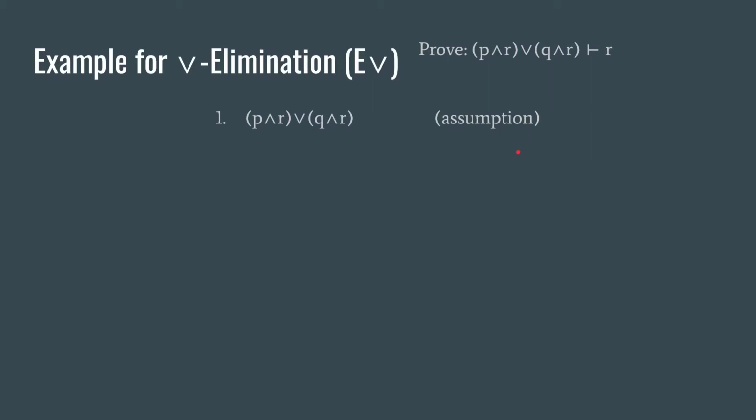Well, we need to think back to last video where we had the arrow introduction rule. And how did we introduce arrows? We used the introduction of the arrow rule. How do you use the introduction of the arrow rule? Well, you need to make some additional assumptions and then derive the arrow statement from there. So think back to the previous video.